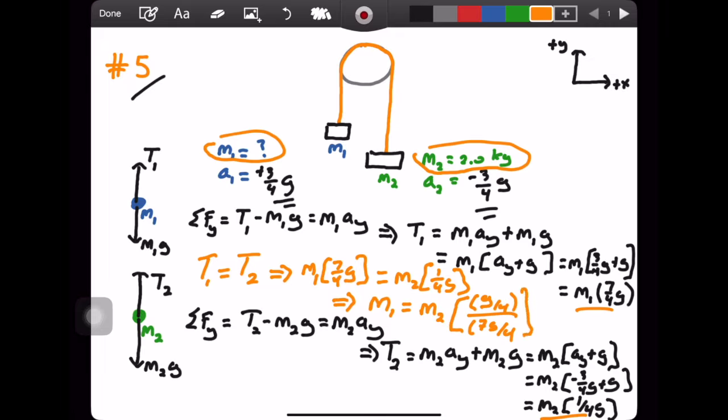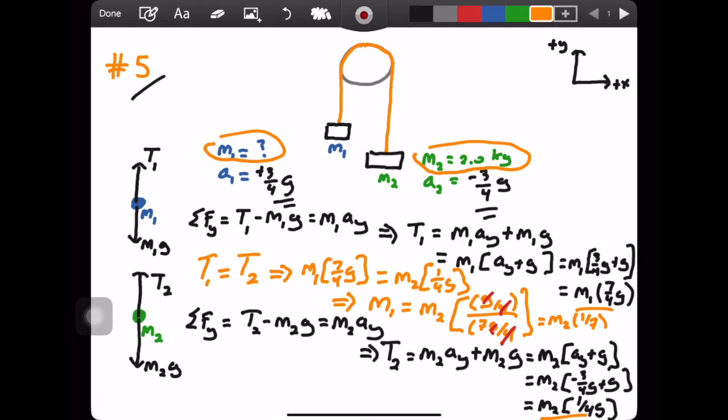The 4's are going to cancel. The G's cancel. And I end up getting M2 multiplied by 1/7, which is to say that mass 1 is 1/7 the mass of mass 2.